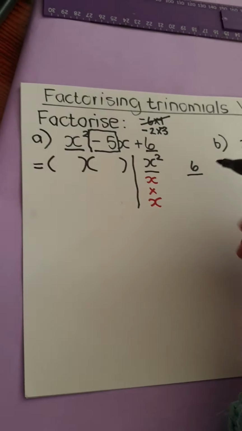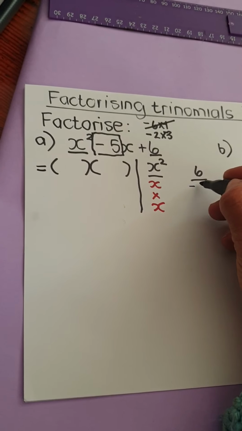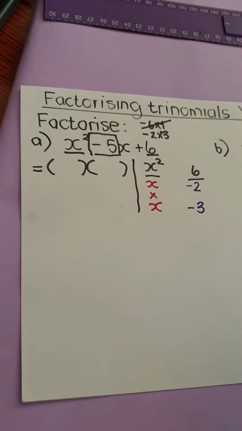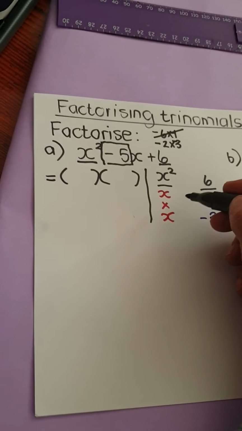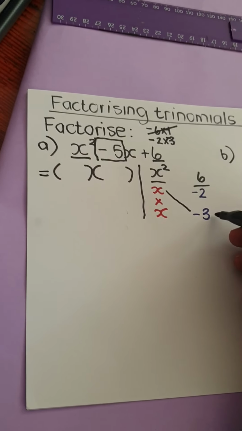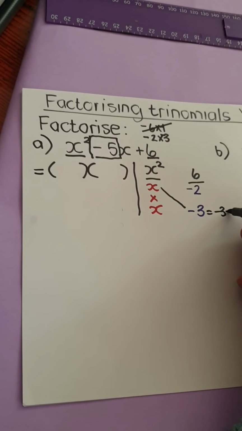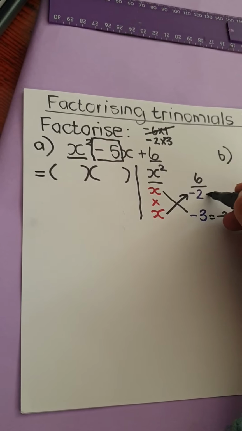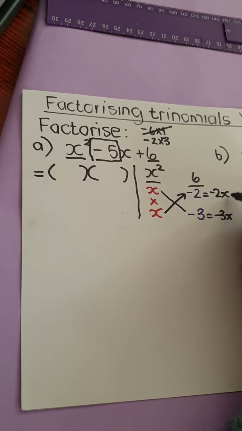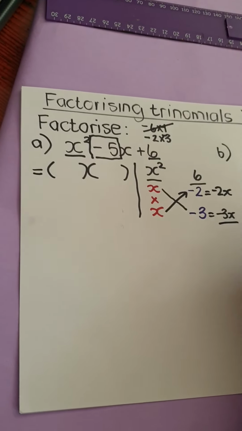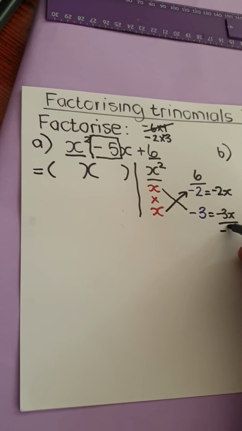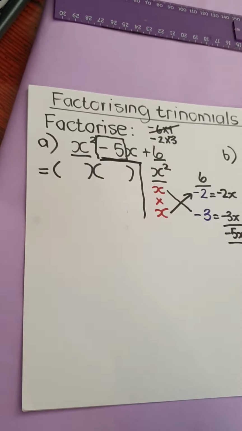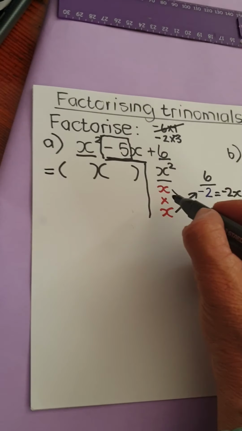Factors of 6: now you're going to use negative 2 times negative 3. And you test it. Outside terms, if I multiply, give me negative 3x. Inside terms give me negative 2x. If I add negative 2x and negative 3x, I get negative 5x, which is exactly what I want because that is my middle term. So I've got it.